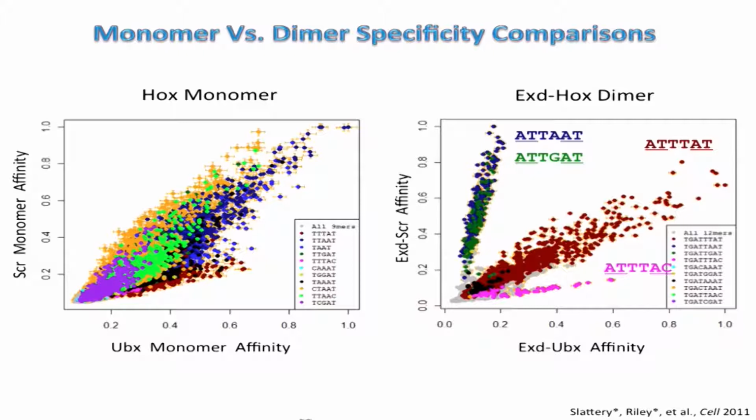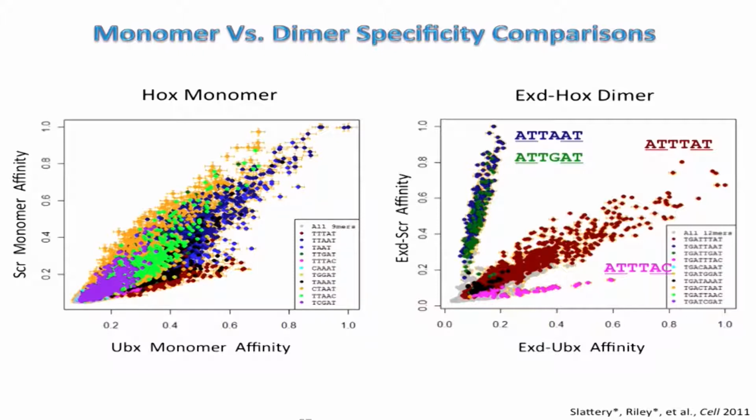You see that? This is really the take-home message of the whole paper: context matters, and cofactors matter. When you're not binding with a cofactor, there are very small differences in specificity, but when binding with the same cofactor, you see major differences in specificity.